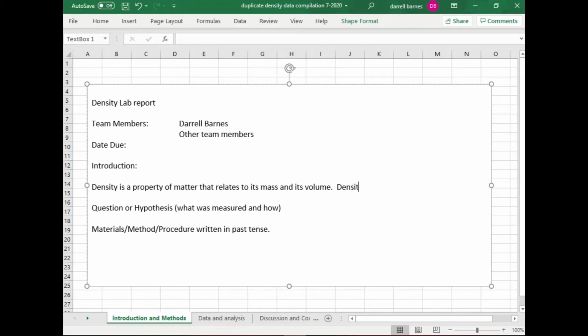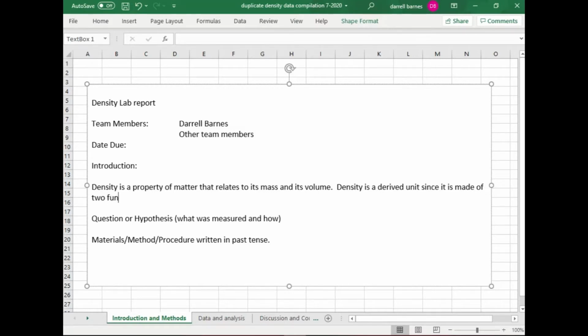Density is a derived unit since it is made of 2 fundamental units, mass and volume. All right, let's make this easy.